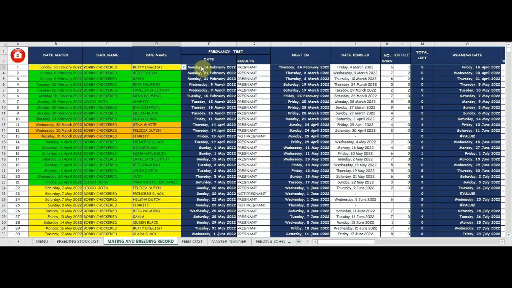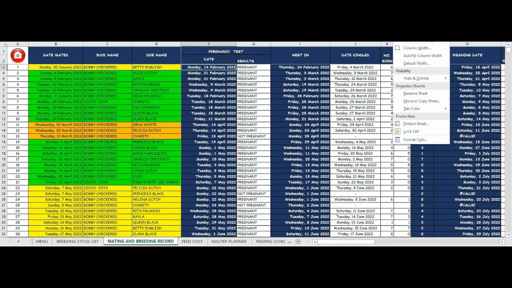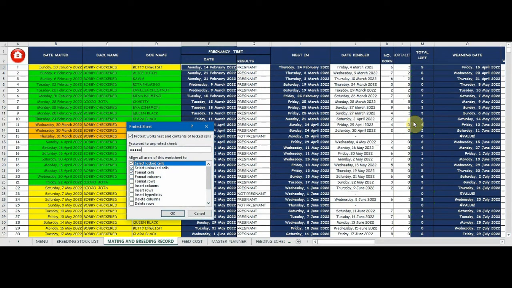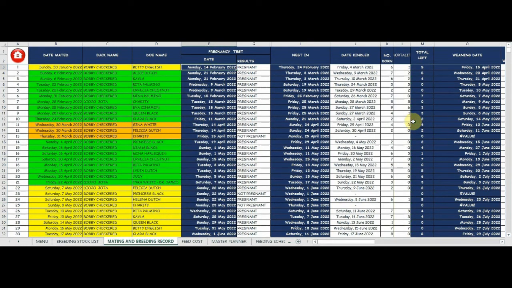Okay, now date mated, then automatically, you have to lock it so that people don't tamper with the formulas.